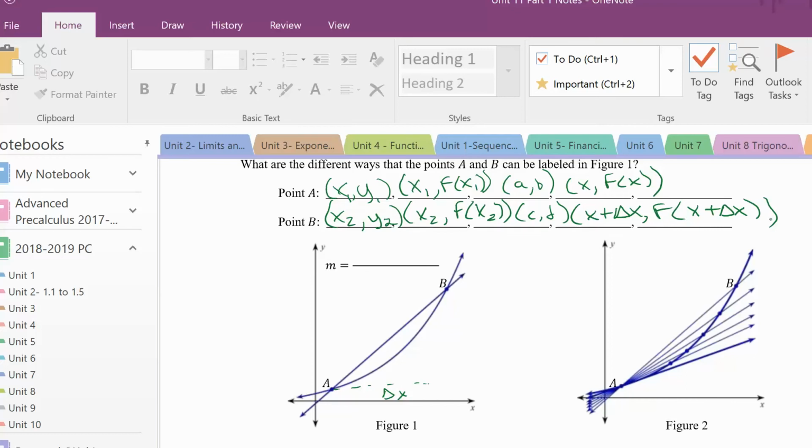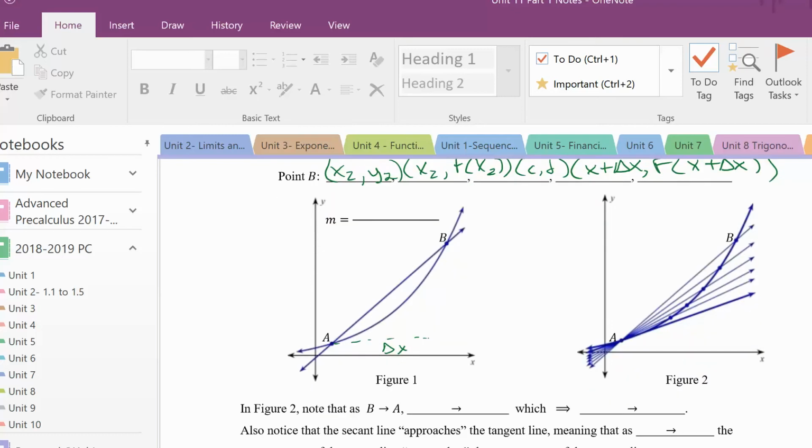All right, so for the purpose of this here, we're going to use the last ones, so we're going to call this x and f of x, and then B is going to be x plus delta x, and then it's f of x plus delta x.